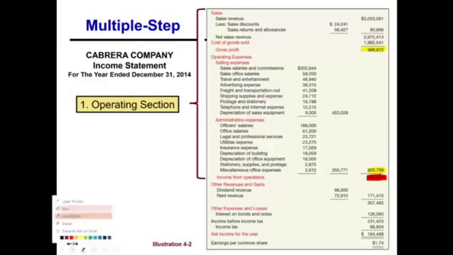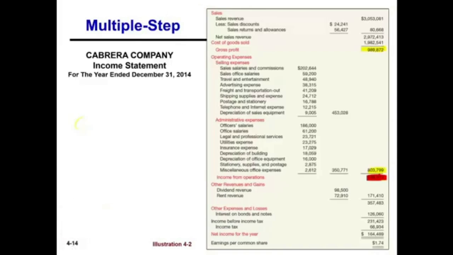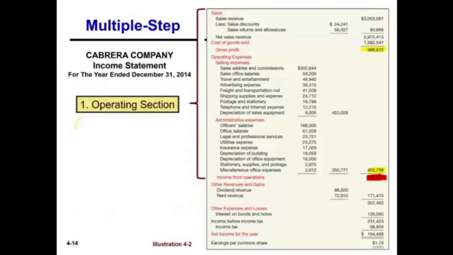So when we use the word central and ongoing, this is your central operation, central or ongoing. This is what the company does, what they sell, and what they incur expenses to run their business. And you want the company to be positive here and positive here, big positive on both of these figures, especially gross profit.